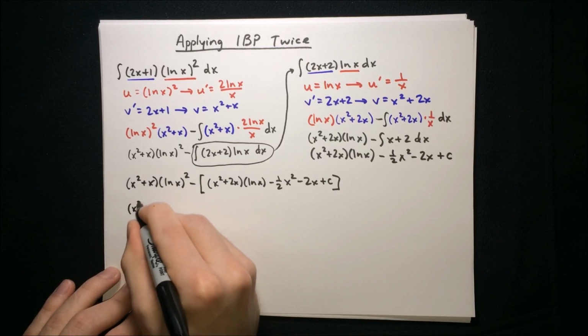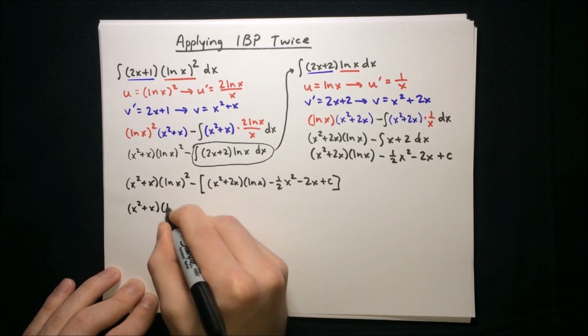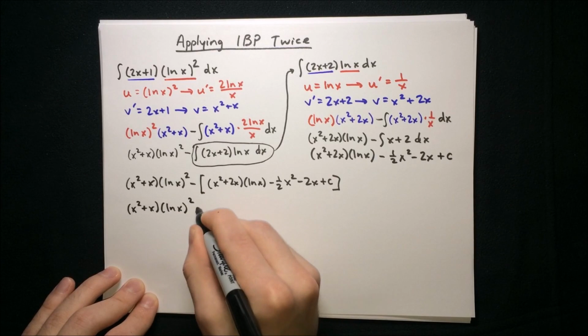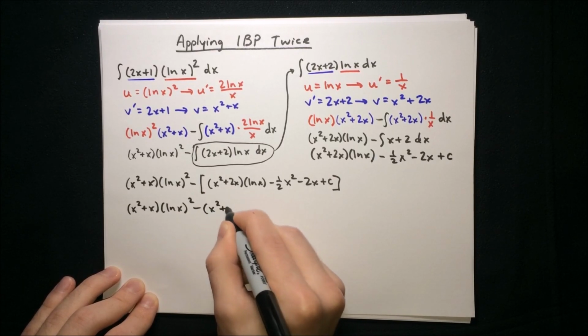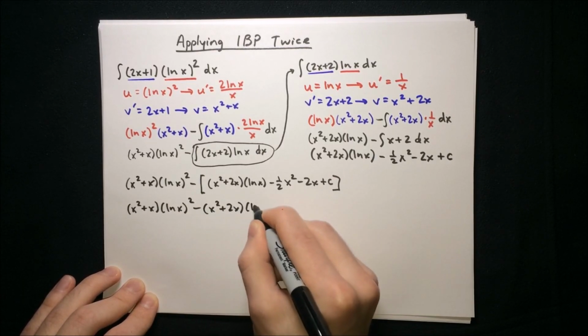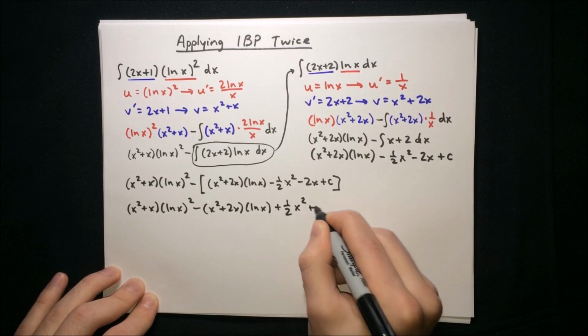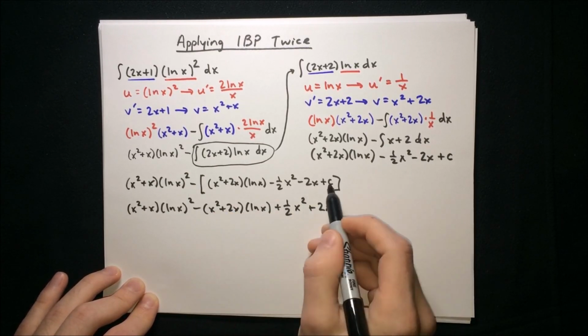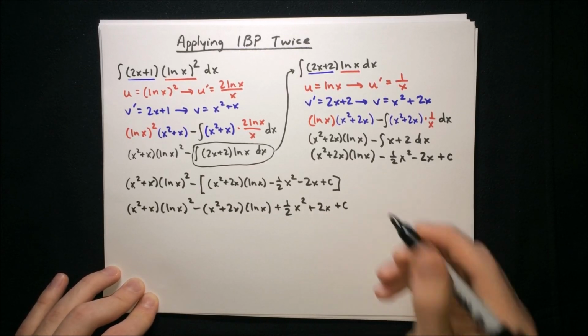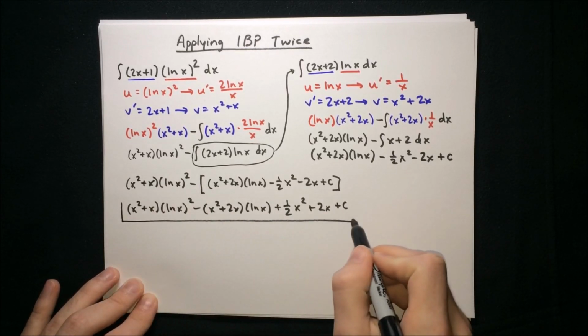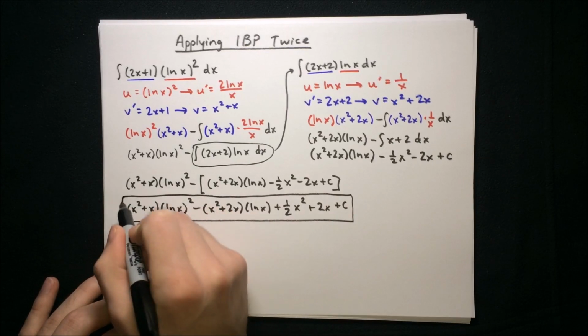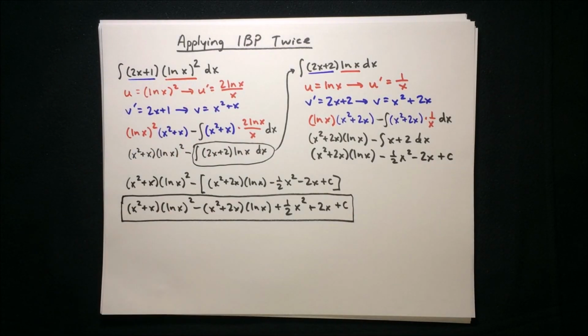So this is x squared plus x ln x squared minus x squared plus 2x ln x plus a half x squared plus 2x, then minus a constant is still just a constant, so plus c. And that is the solution to the original integral up there.